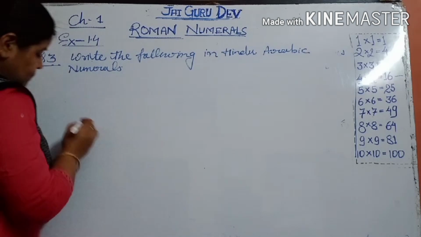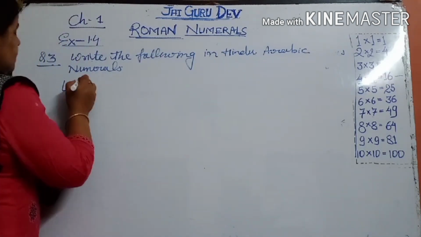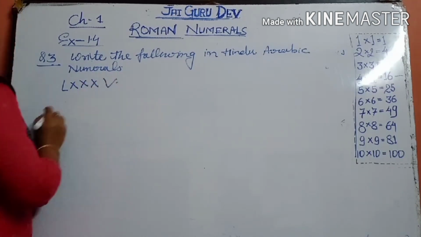That is L, X, X, X, V, that is LXXXV. You know that.